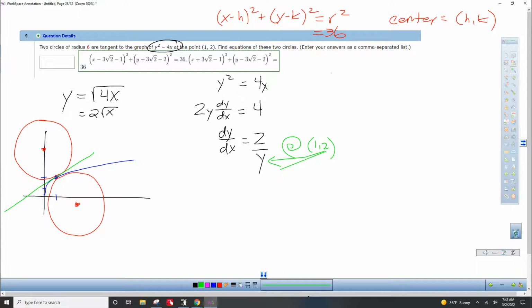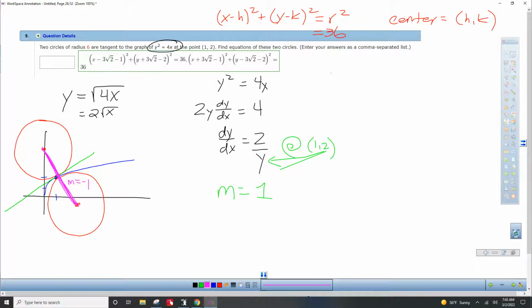Okay, and 2 divided by 2 is 1. So the slope of that green line is 1, which means the slope of this line right here is negative 1.